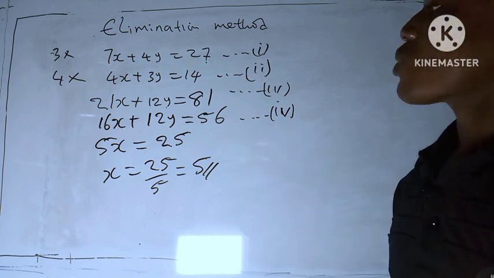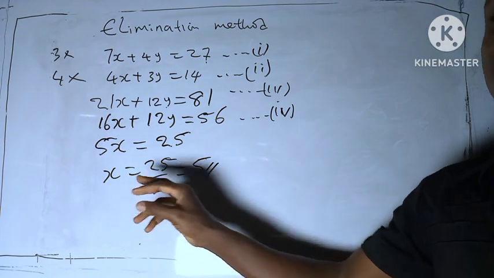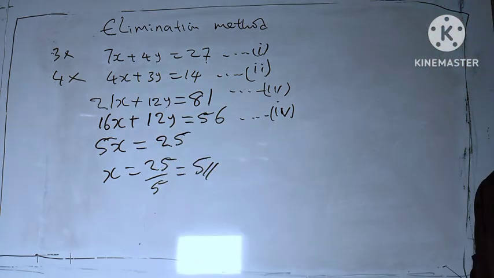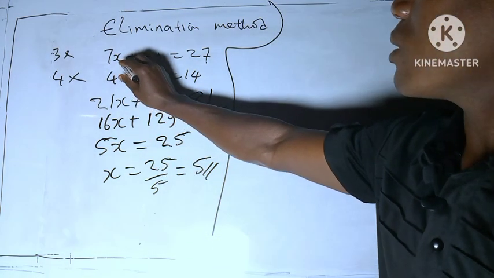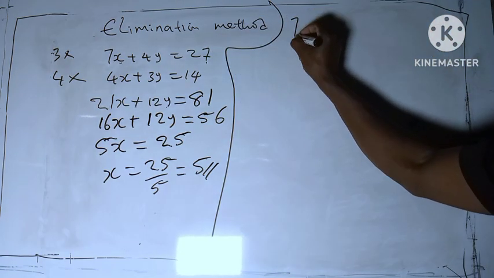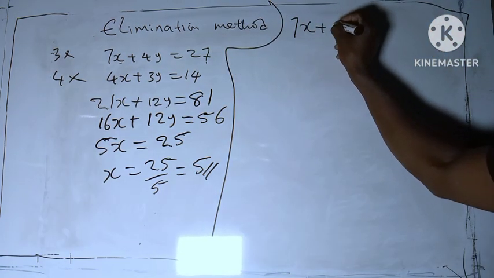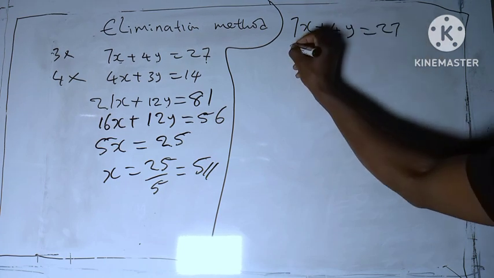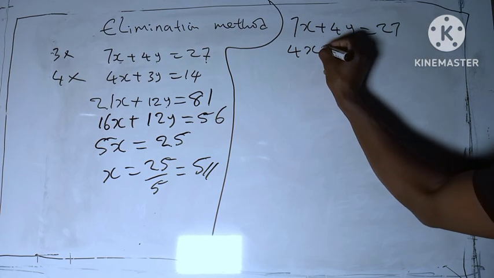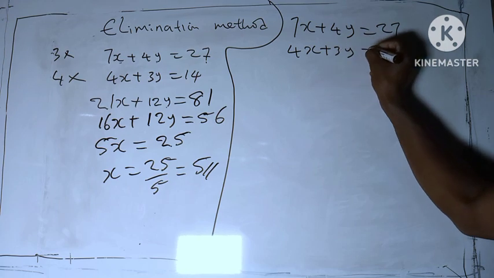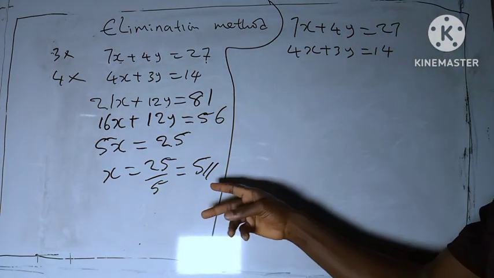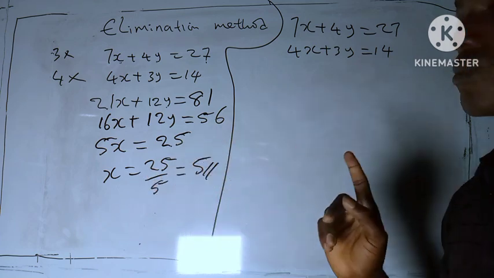So this is how you can use the elimination method. We have looked for x. The second one is y. Let's look for y. Let me write the two equations again. We have 7x plus 4y equals 27, and the second one is 4x plus 3y equals 14.